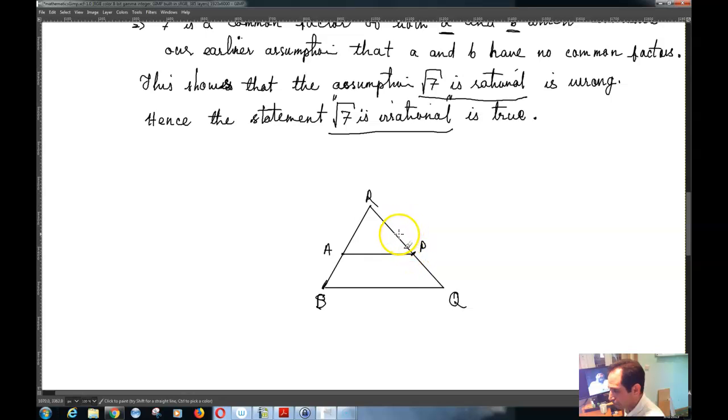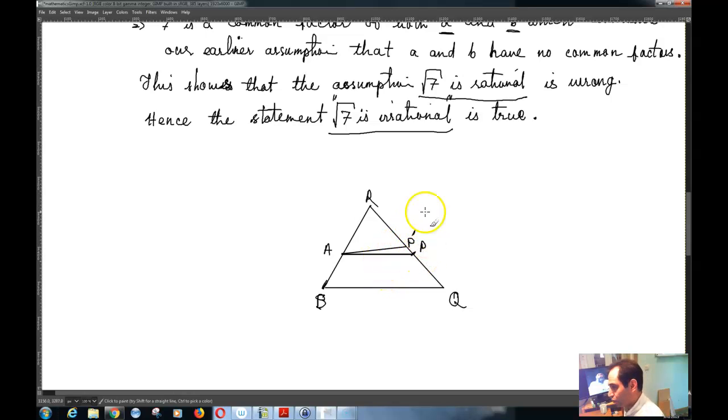In such cases, what you can do is assume, based on the construction, that all of your conditions come together, of course. But then you assume that this line goes through RQ at some other point P prime.